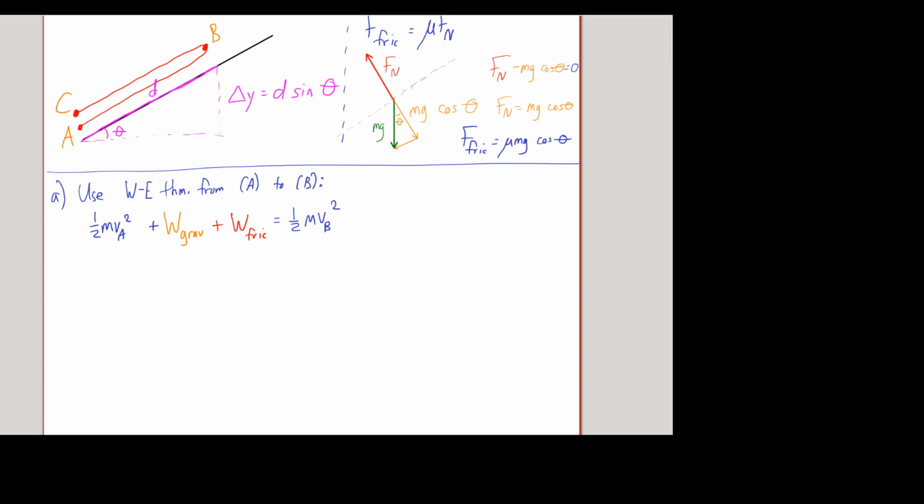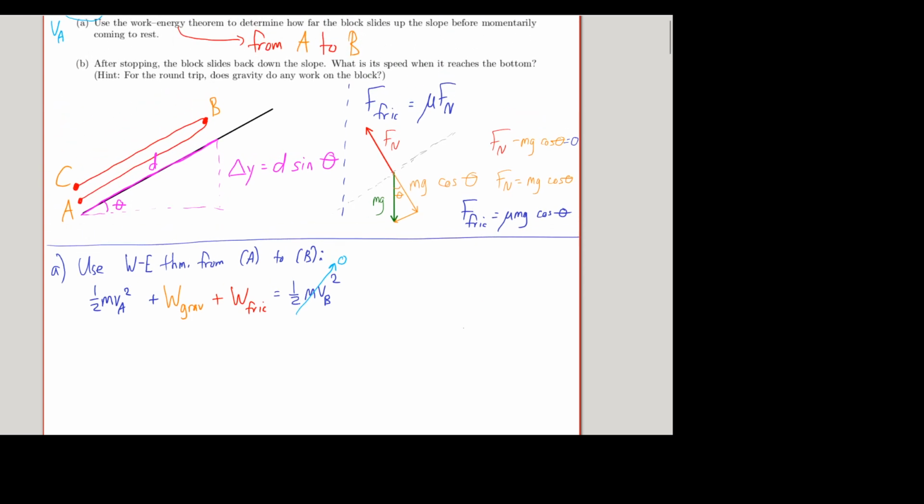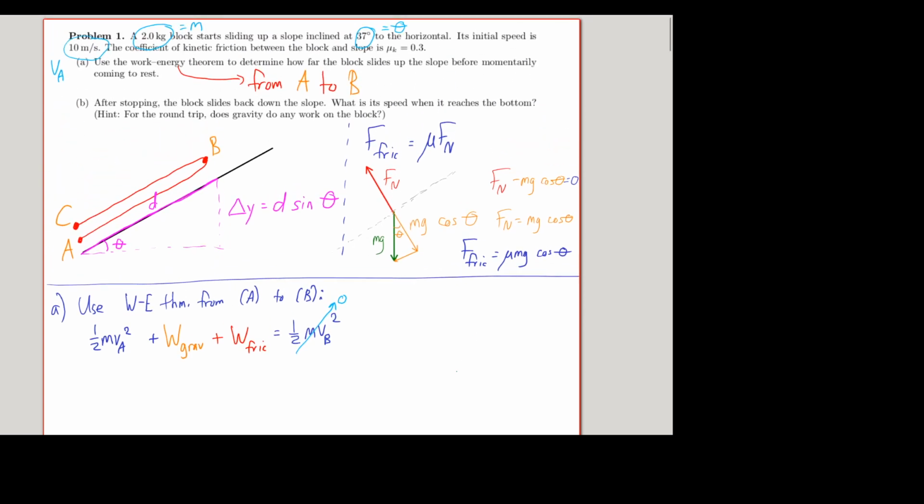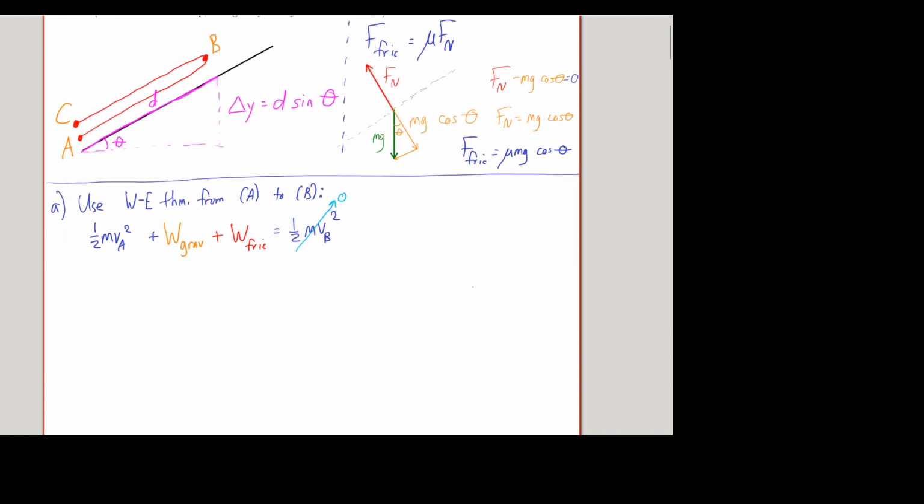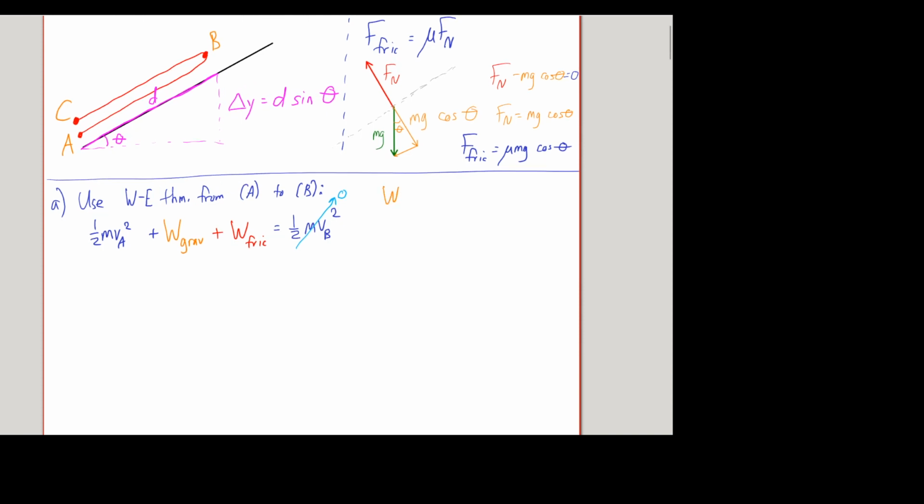And I know that that's 0 since B is the point where it momentarily comes to rest and turns around. So now I need to know the work of gravity and the work of friction. So the work done by gravity is going to be the force of gravity times the displacement in that direction, which is minus delta y.